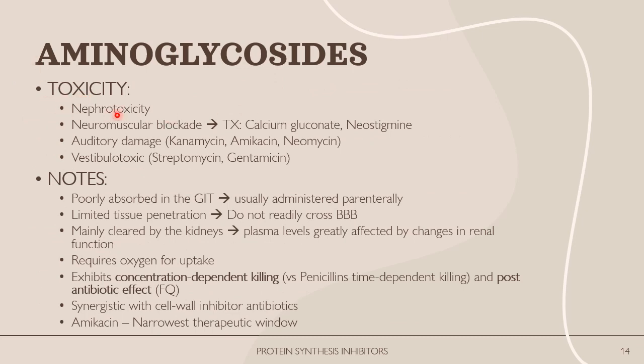Aminoglycosides are nephrotoxic, especially if they are co-administered with other nephrotoxic agents like diuretics. They can also cause neuromuscular blockade, like the curare derivatives, such as tubocurarine and the others. Once the patient develops neuromuscular blockade, we can reverse this by giving calcium gluconate and neostigmine. They can also cause auditory damage and vestibulotoxicity.